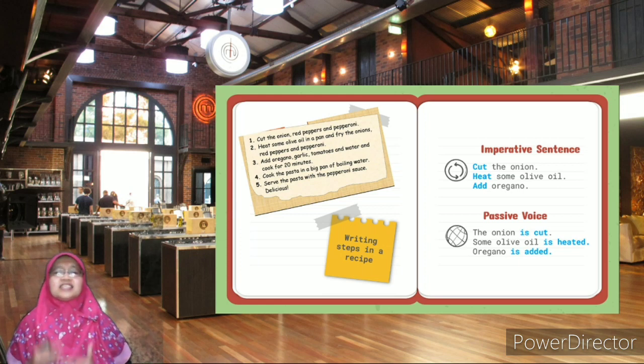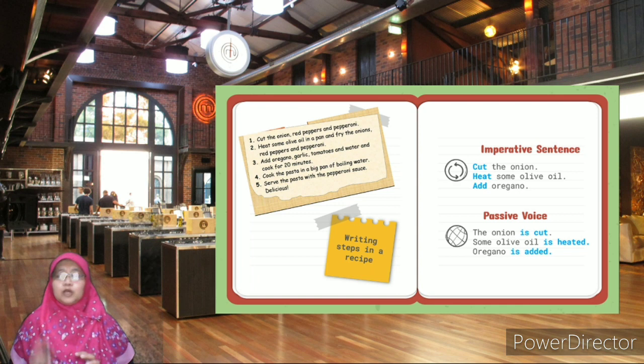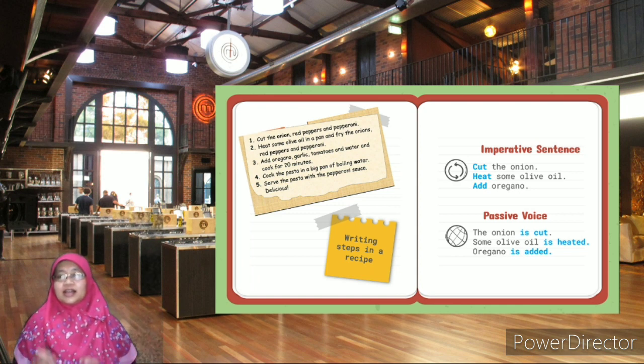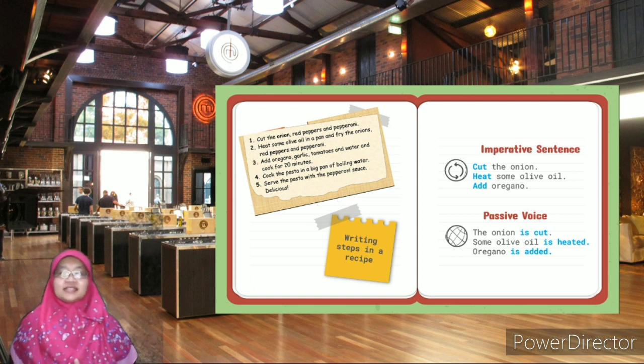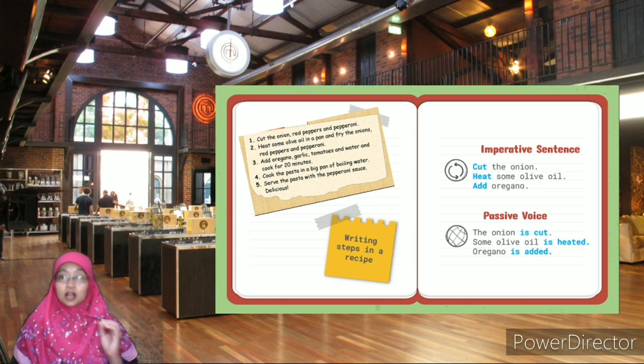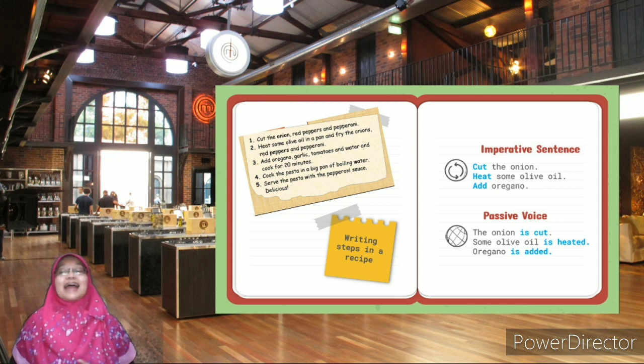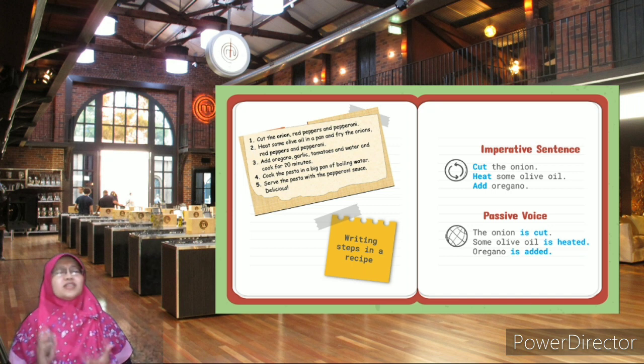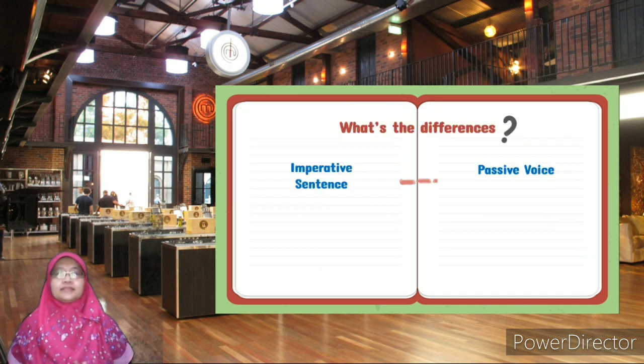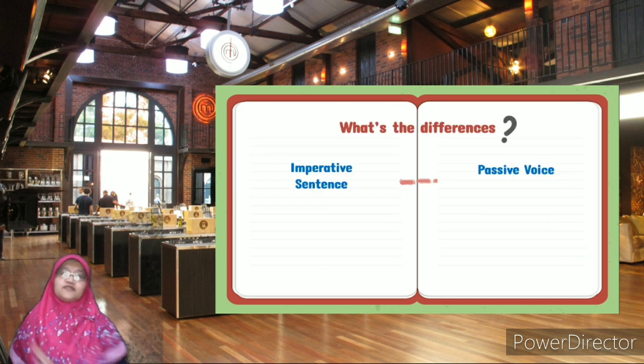Now let's take a look at the blue words here. The imperative sentence is written as cut, heat, and add. While in the passive voice, it is written is cut, is heated, is added. So, what's the difference between them? Now let's take a look. What are the differences?